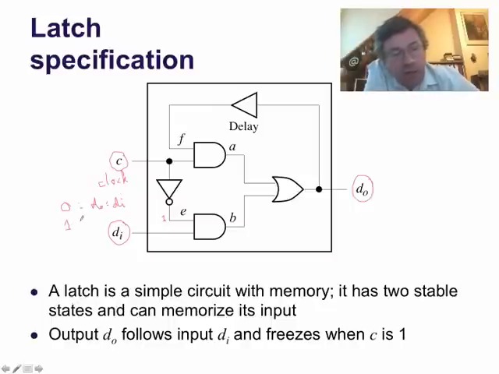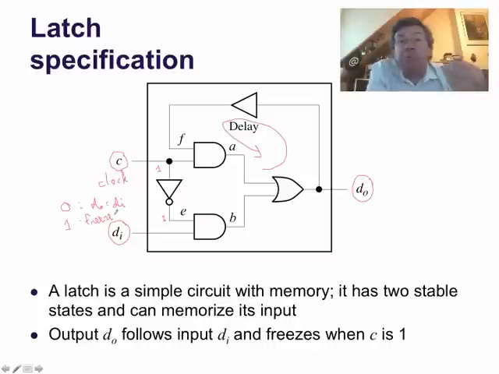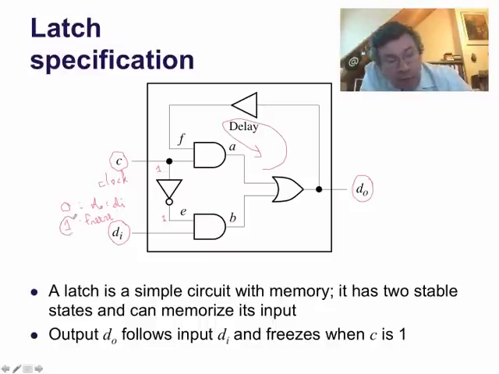If the clock value now turns to 1, that means we now have a cycle from the output through a delay, so the past to the present, going back to the output. So the output will freeze into the previous value it had in the previous instant. So it's a memory. It will freeze as long as we keep the clock equal to 1.